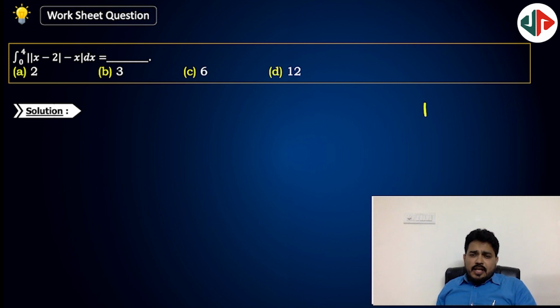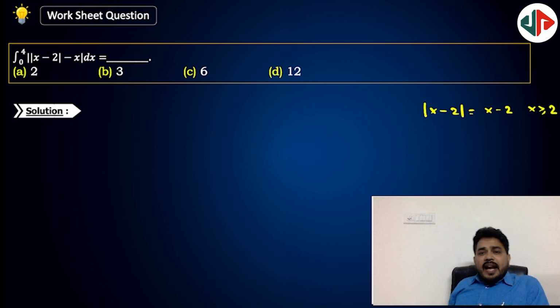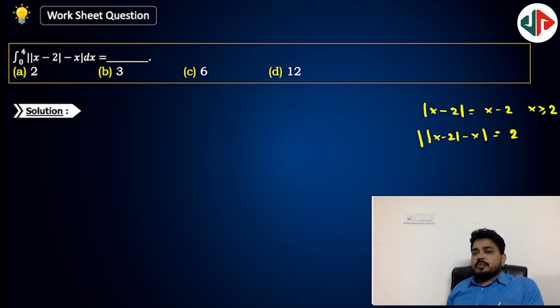So modulus of x minus 2 is equal to x minus 2 if x is greater than or equal to 2. If that is the case, then 2 minus modulus of x minus 2 will be equal to 2 under this situation.